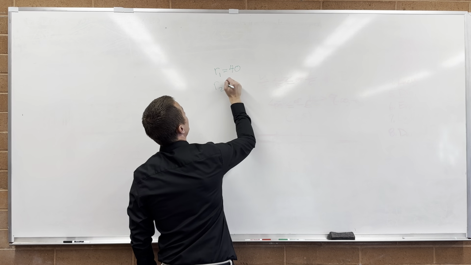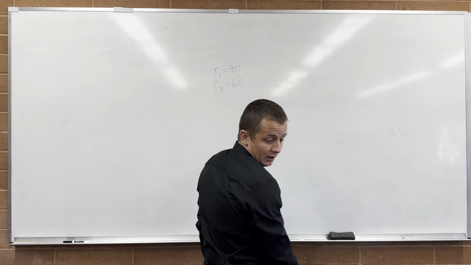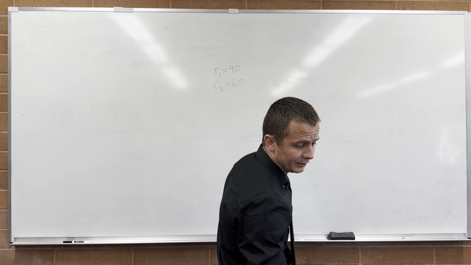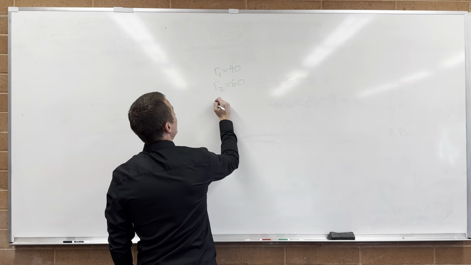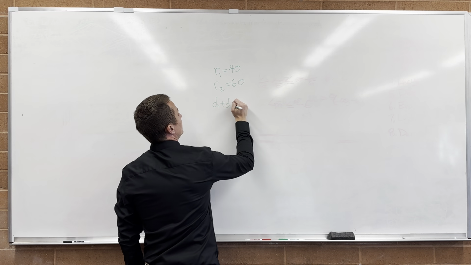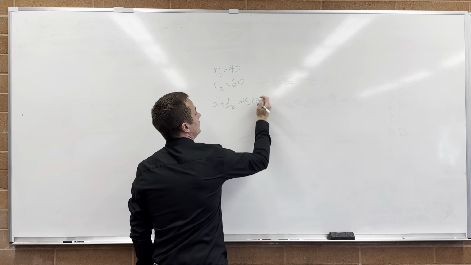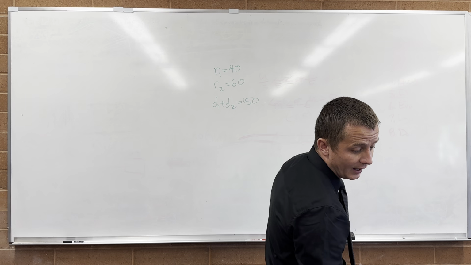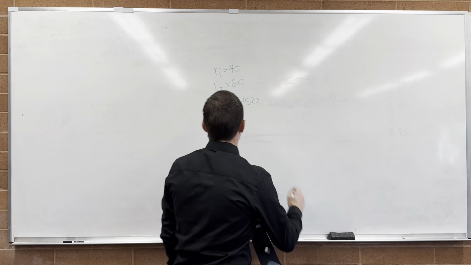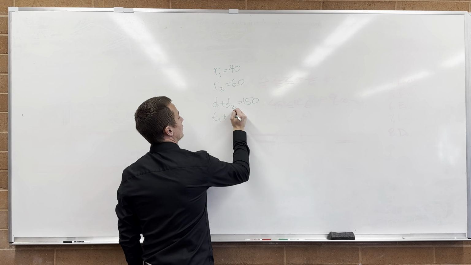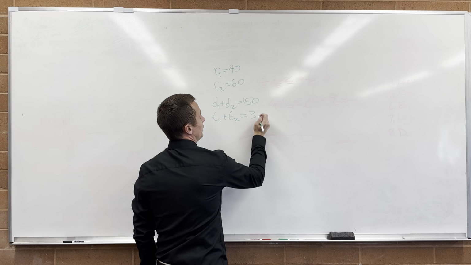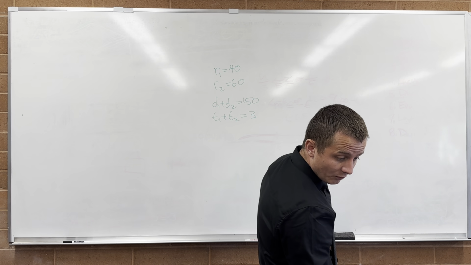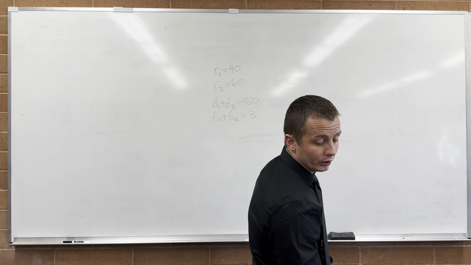So our second rate was 60 miles per hour. The entire distance was 150 miles. So our first distance plus our second distance was 150 miles. And the entire trip took 3 hours. So our first time, T1, plus our second time, T2, is equal to 3 hours. Find the distance from the airport to the corporate office.